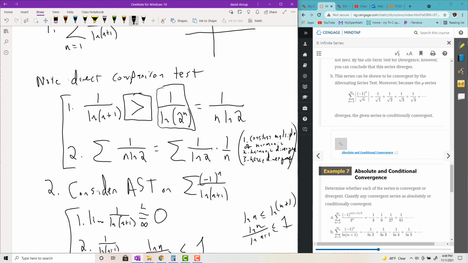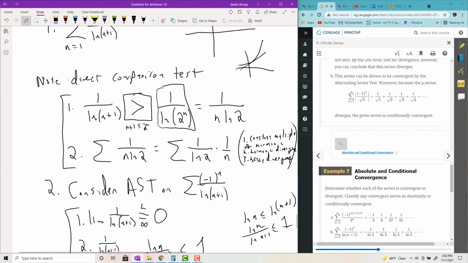So I basically just noted that n plus 1 is less than or equal to 2 to the n eventually, right? N plus 1, if you think about it, is just a line with slope 1 where the intercept is at 1. And then 2 to the n is an exponential curve. So that's just going to go off to infinity like this eventually. So eventually it has to hold just from looking at the graphs.